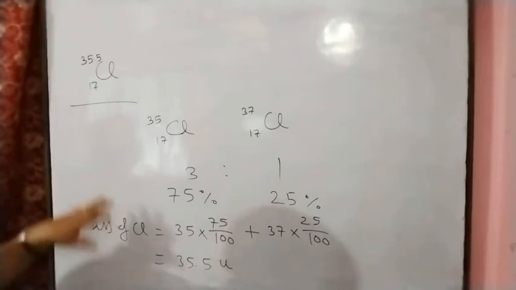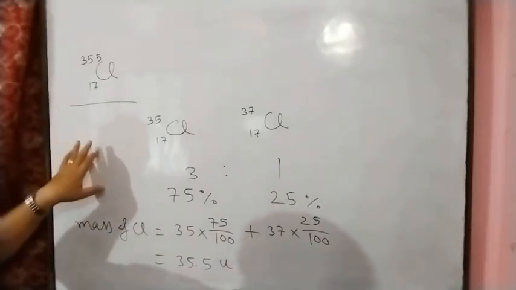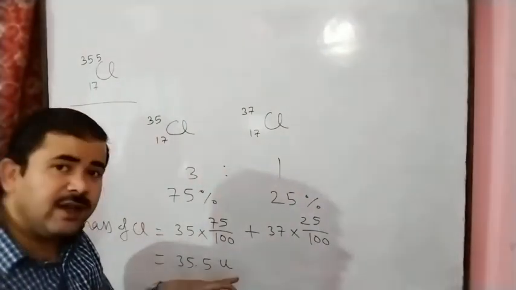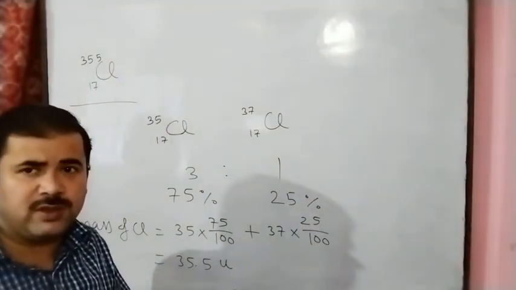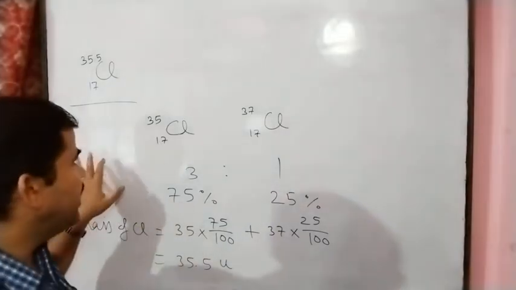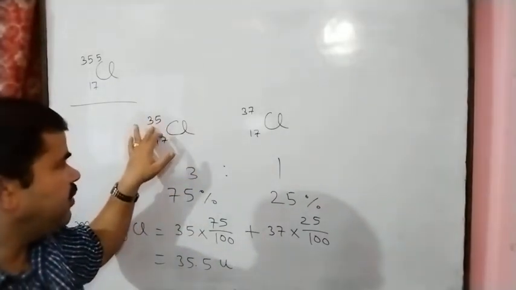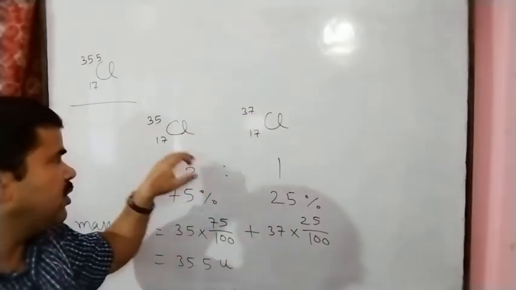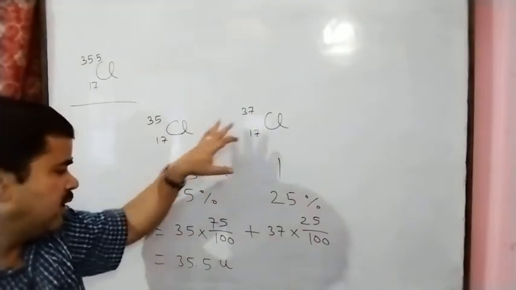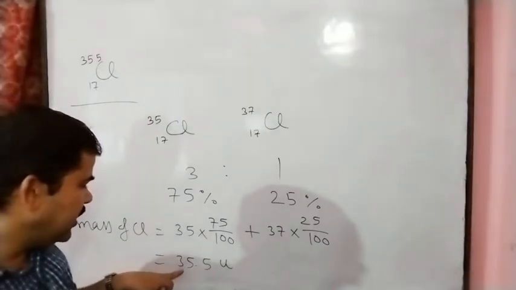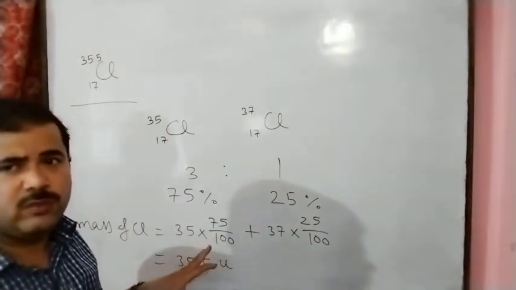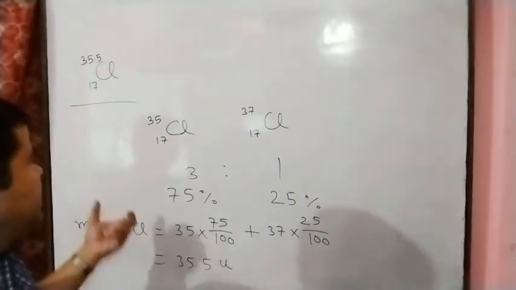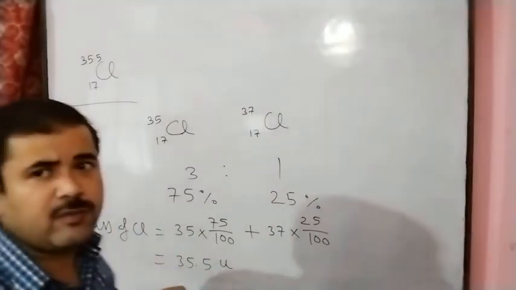So this is the reason we consider the chlorine mass as 35.5, because we are taking the average mass of the isotopes of chlorine. Chlorine has two isotopes, chlorine 35 and chlorine 37, and if we take their average mass we get 35.5 amu, atomic mass unit, and this value we consider as the mass of chlorine.